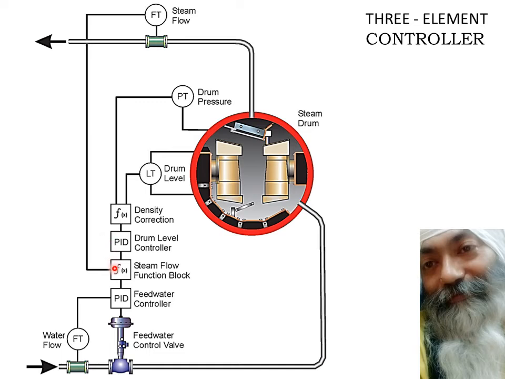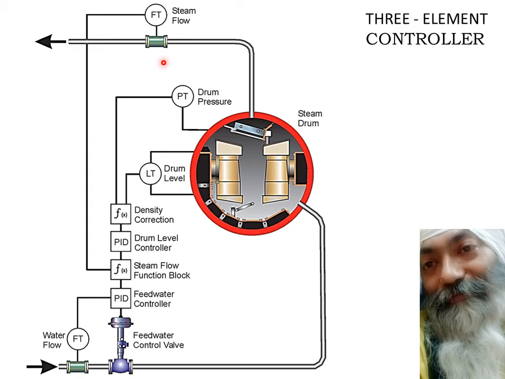But now this additional steam flow function will ensure that in case the level is increasing, and it is on account of swelling, and that swelling is on account of reduced pressure, and the reduced pressure is on account of increased steam flow outlet.